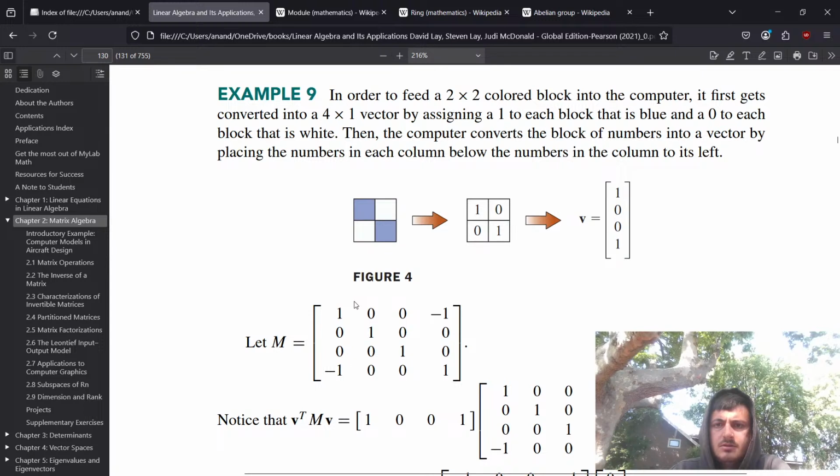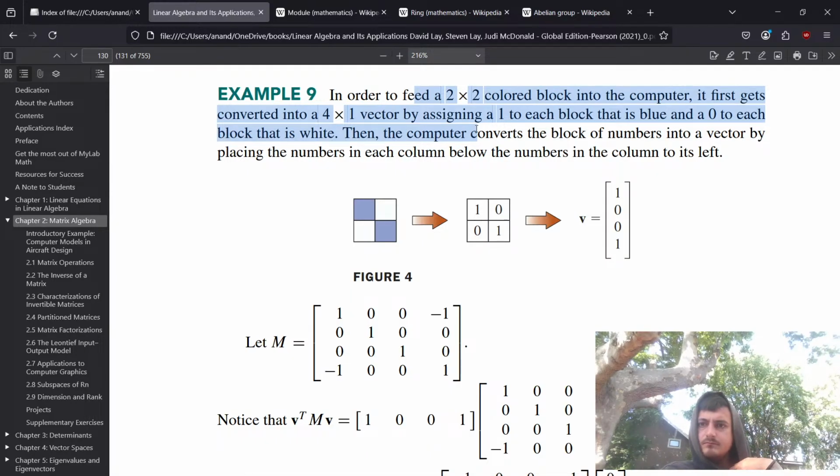Wait, what? In order to feed a 2x2 color block in a computer, it first gets converted into a 4x1 vector. Then the computer converts the block of numbers into a vector by placing.